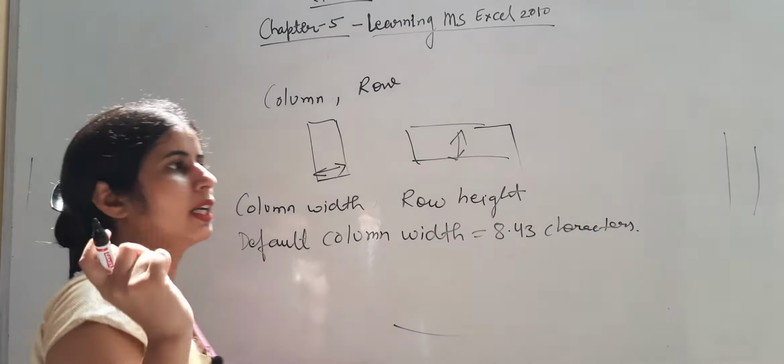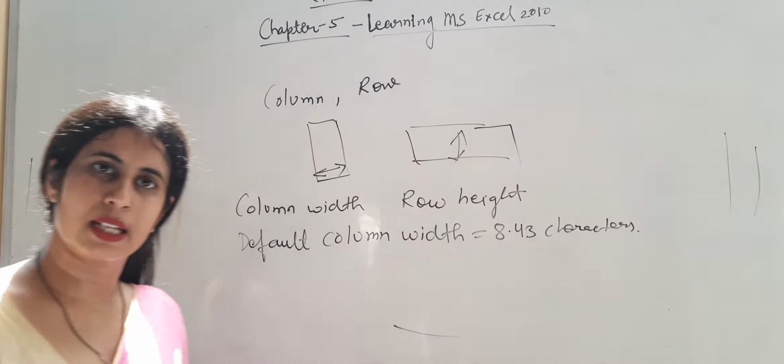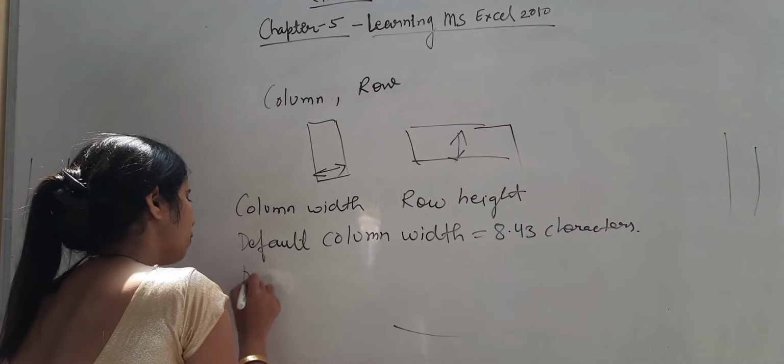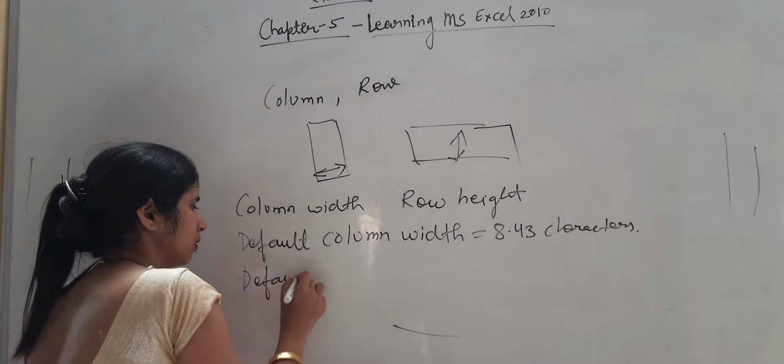So we can type by default 8.43 characters there. And the default row height is equal to 15 points. So the default column width is 8.43 characters and the default row height is 15 points.